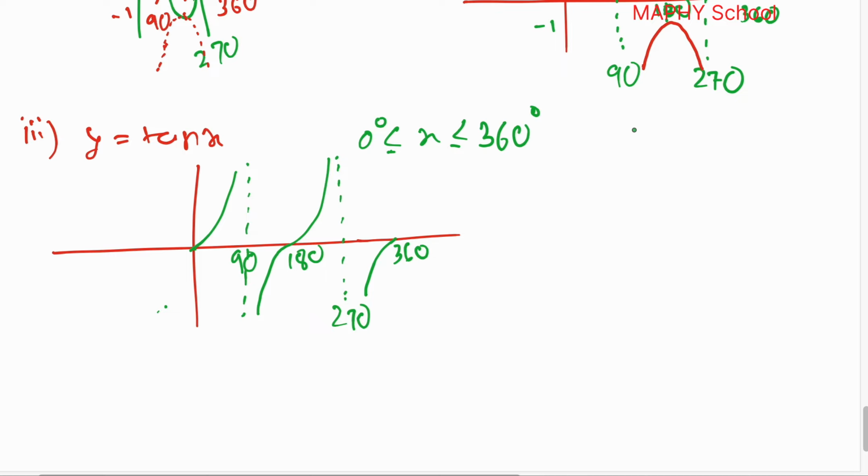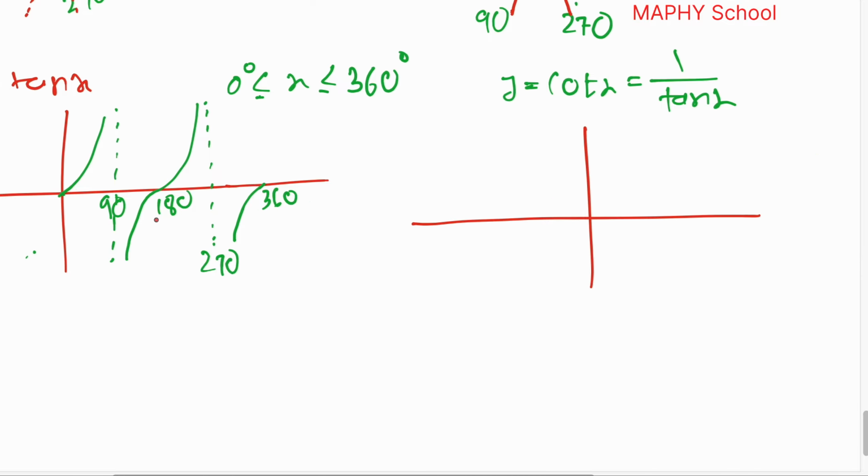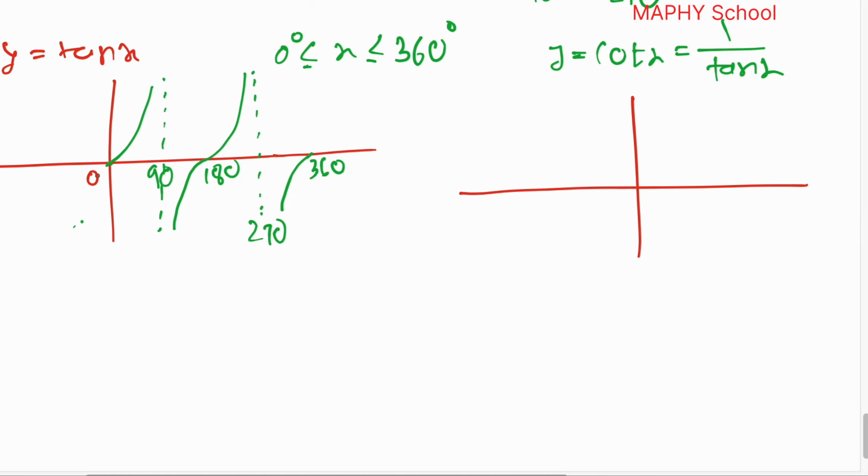Now let's try to draw y equals cot x, meaning 1 by tan x. Similar rule, just draw the axes, x-axis and y-axis. It cuts at 0, then 180, then 360, then there will be three asymptotes. One asymptote is at 0, another is at 180, another is at 360.